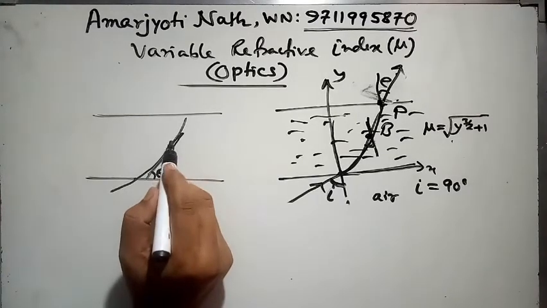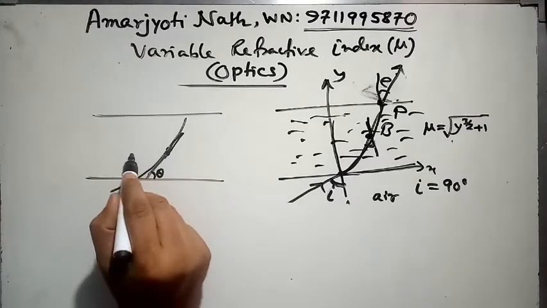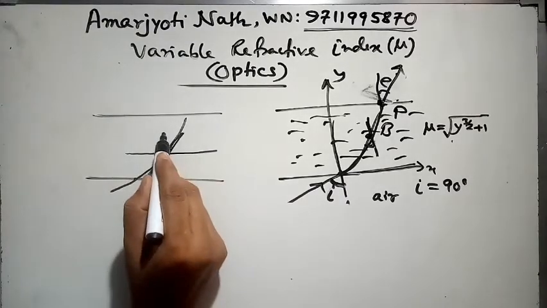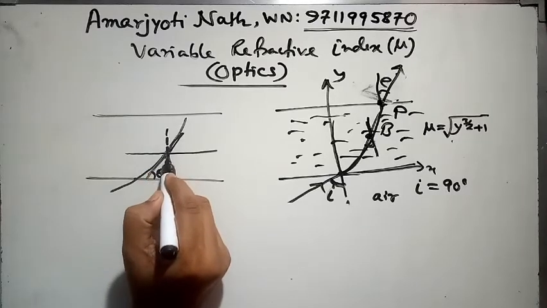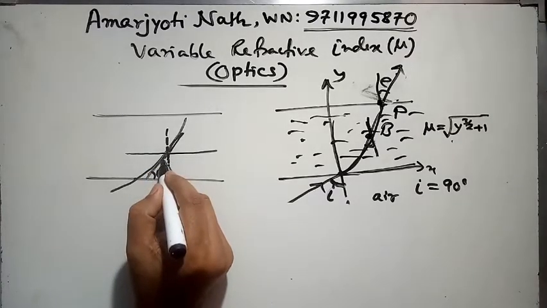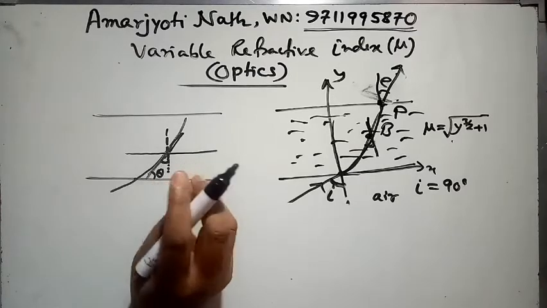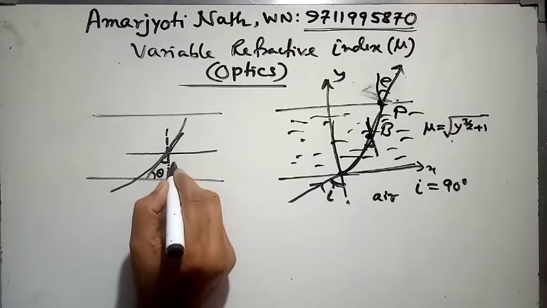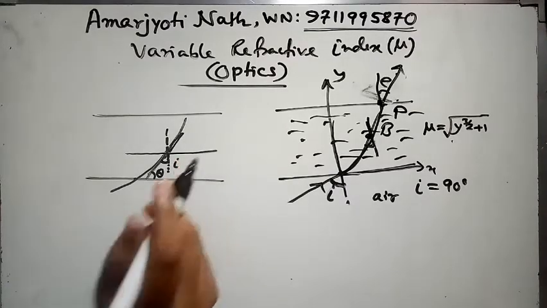And you have to draw one normal, because layer by layer the refractive index is increasing. So say this is the normal, and this angle is the incident angle at this point.